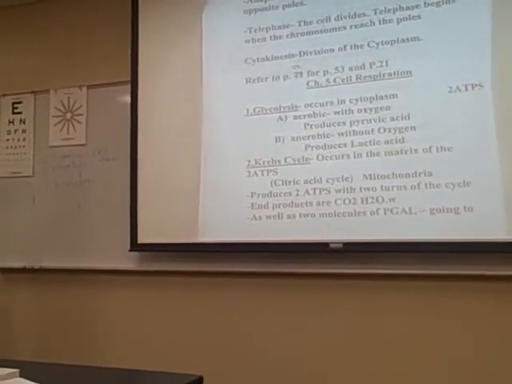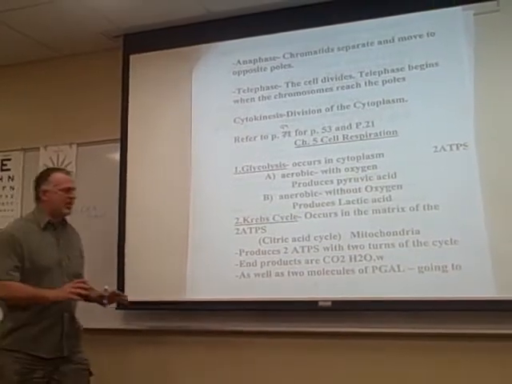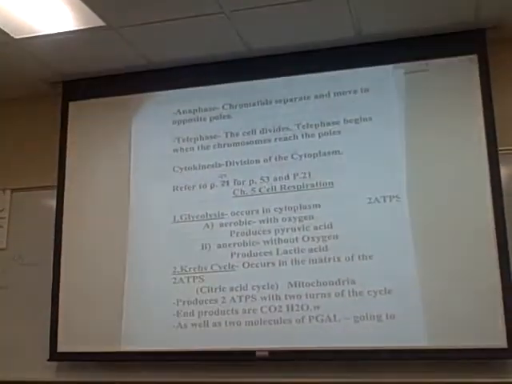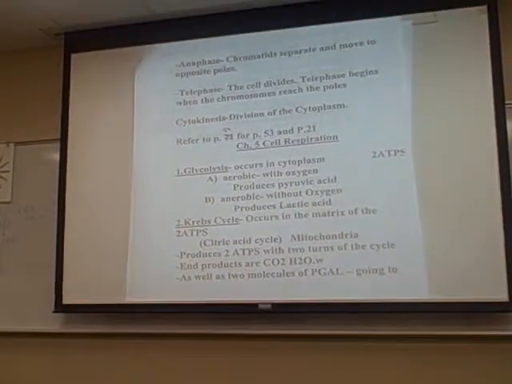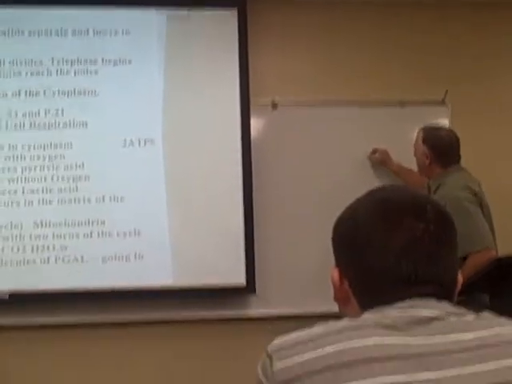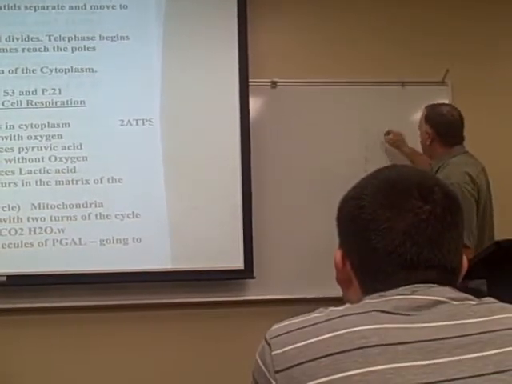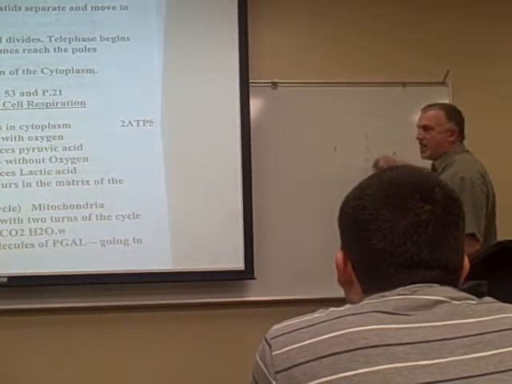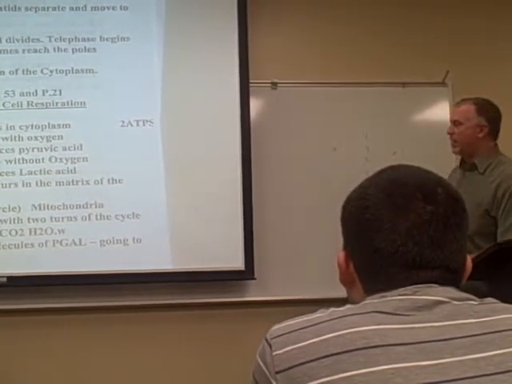Now, when it says the chromatids separate and move to opposite poles, you should be thinking, well, if a half a chromosome is going to opposite poles, how in the world can that be an equal cell if they just have half a chromosome? Well, in metaphase, I think we remember seeing that those chromosomes were lined up. We know it's organized.